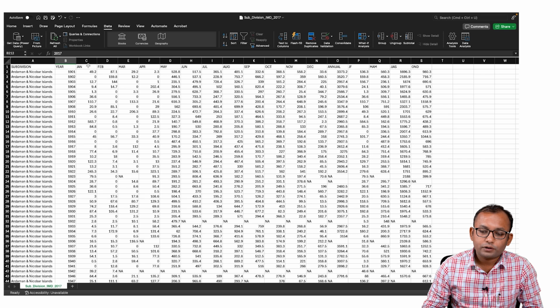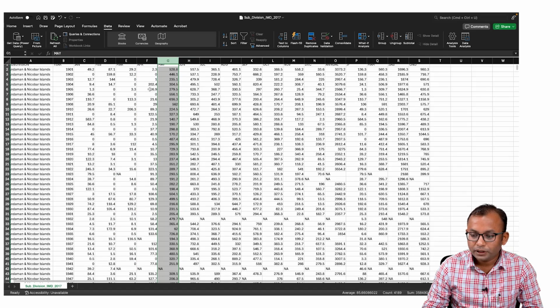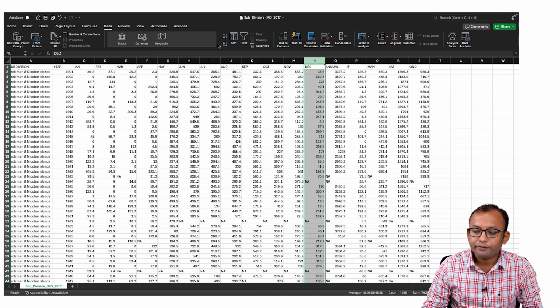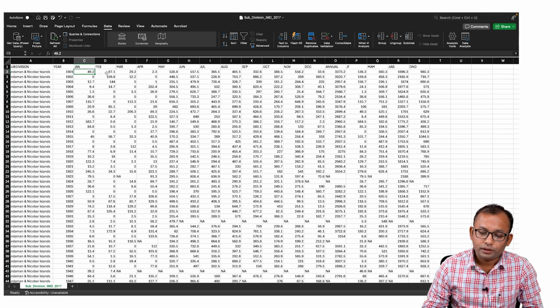Then the next columns are the months: January, February, March, April and May, and then June, July, August, September, October, November and December. These are the individual months' rainfall. The value here represents the rainfall amount which happened during that particular month, and the unit of this value is millimeters.